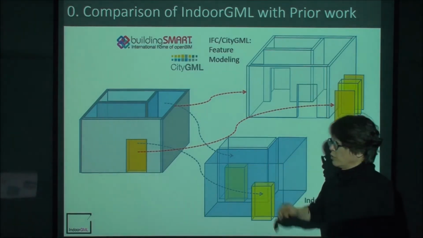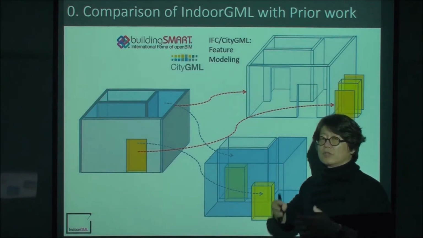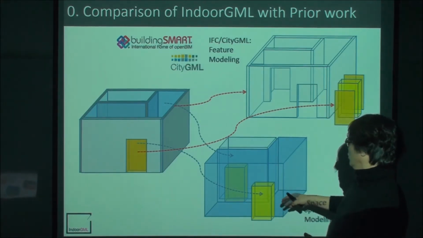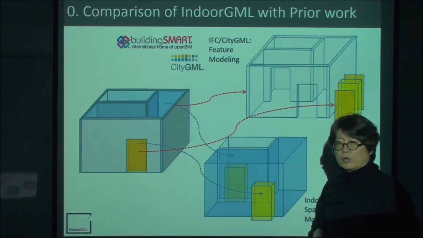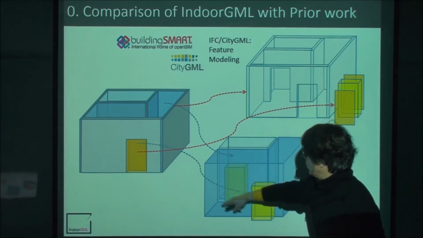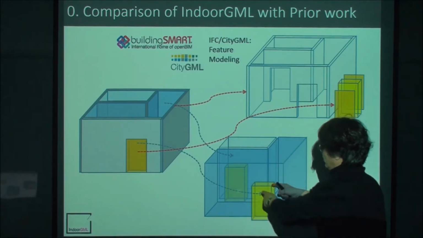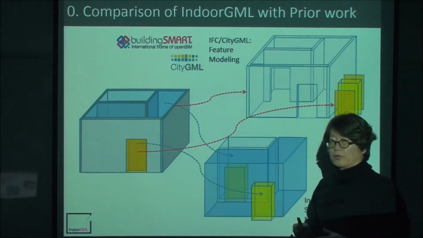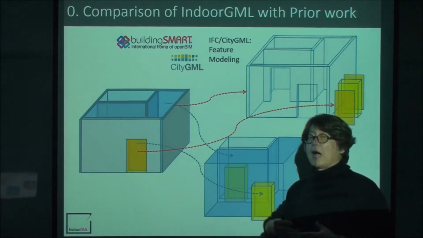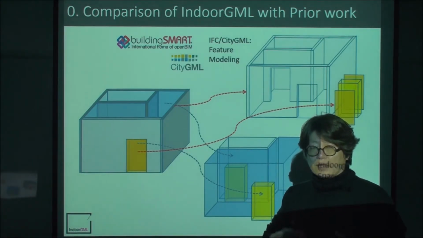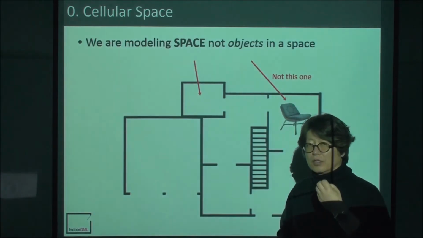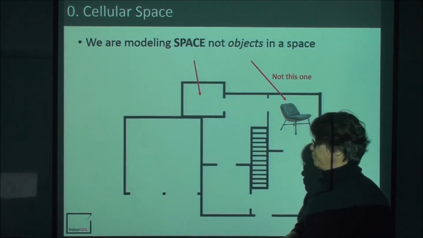But in IndoorGML, we try to give the modeling for the space in indoor. For example, this room space, or in this case, this is a door space. So we look at how to model indoor space in terms of the space.